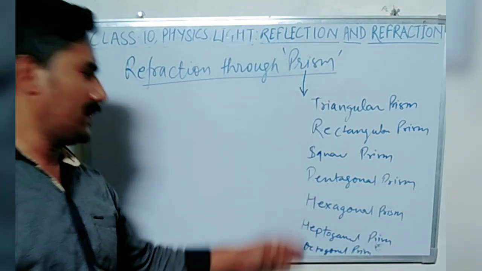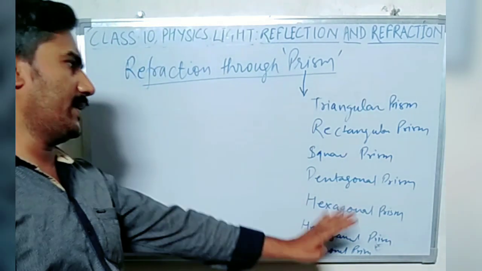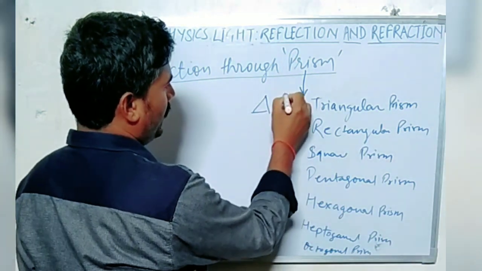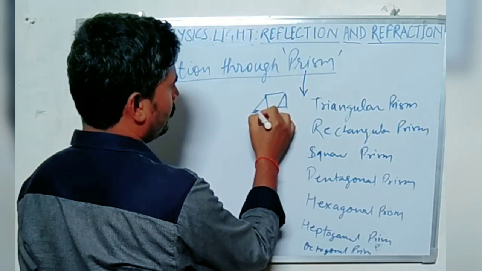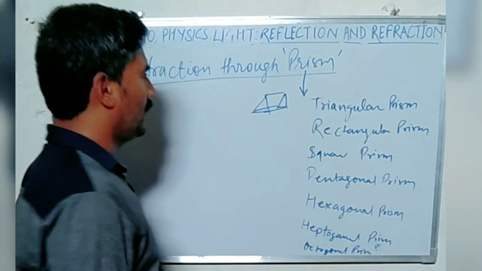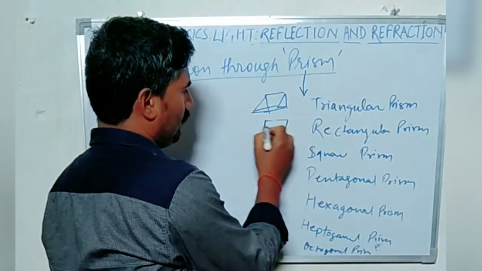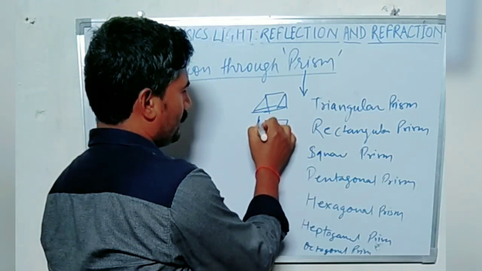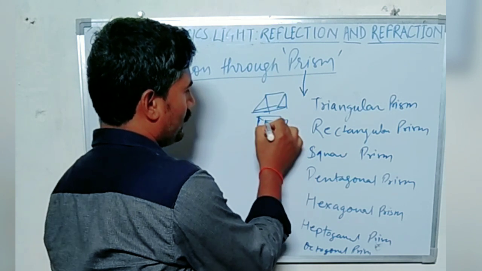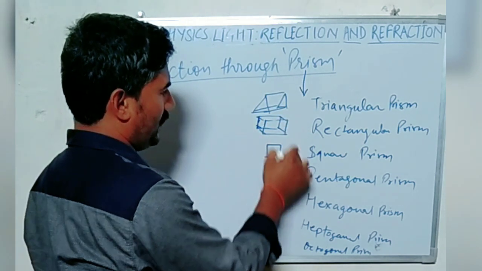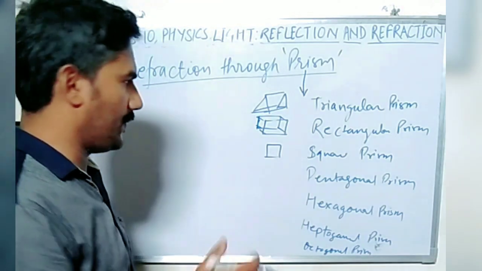These are the types, and we have different varieties like this. Triangular prisms are like this only. This is rectangular prism. And if this shape is like a square, then it is square prism.